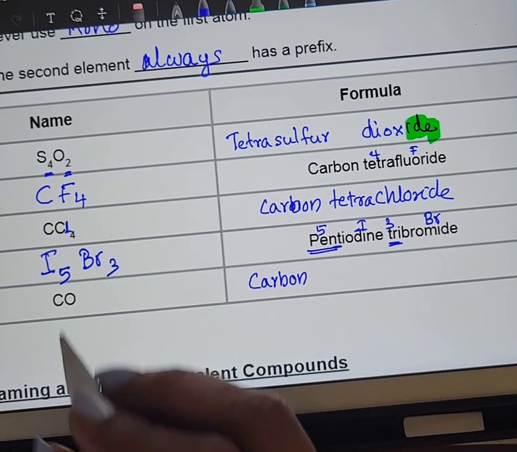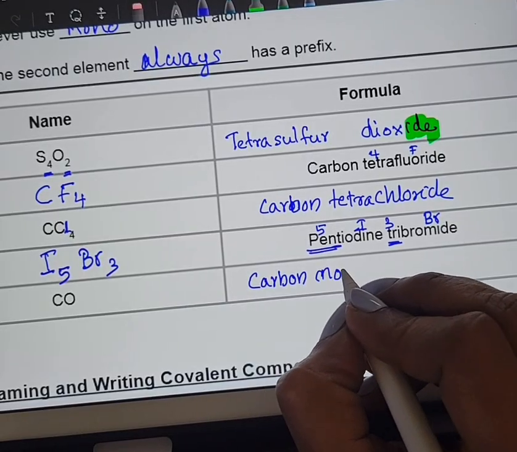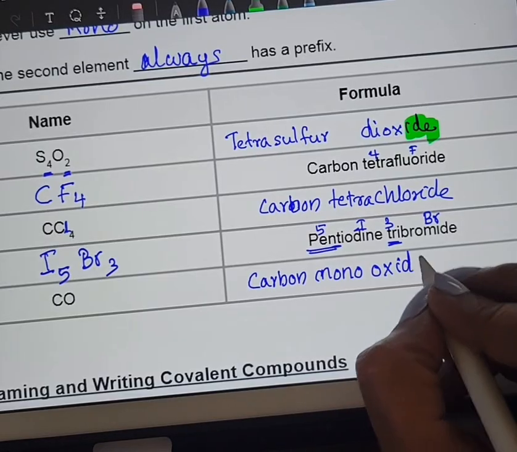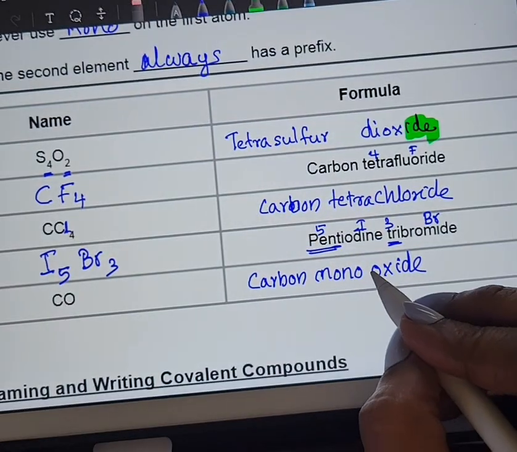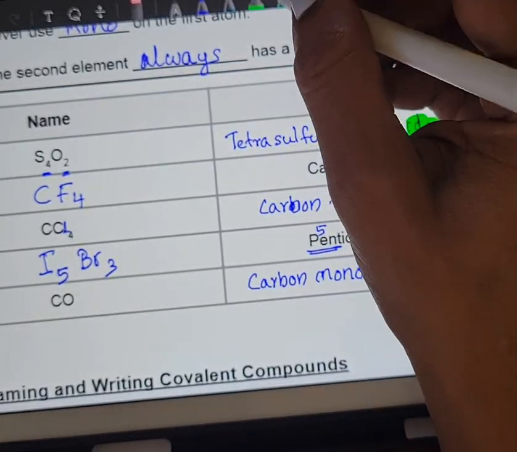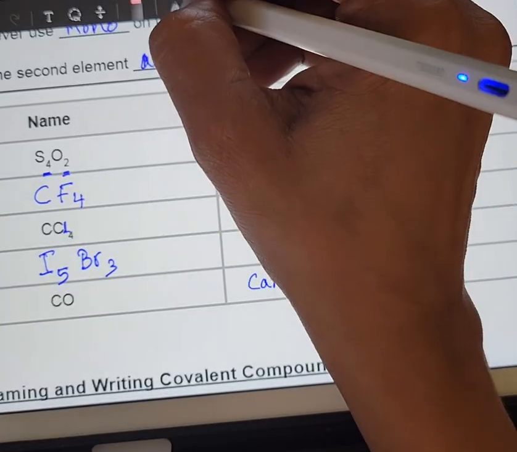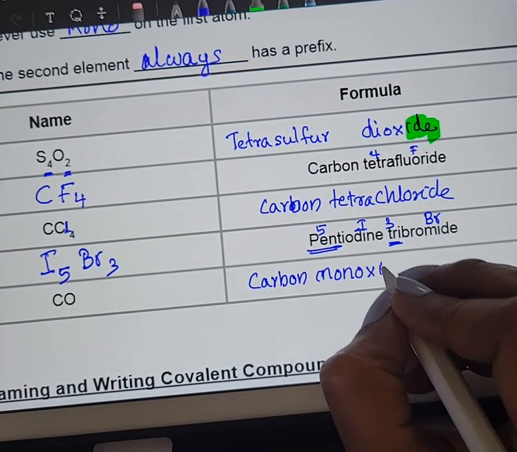So it is carbon. But second one, even if it is 1, you have to write mono. But if you write mono-oxide, there will be 2 O's. So I won't write 2 O's there. When you combine them, just skip 1 O, okay? So you are going to write what? It is monoxide, not mono-oxide, okay? It is monoxide.